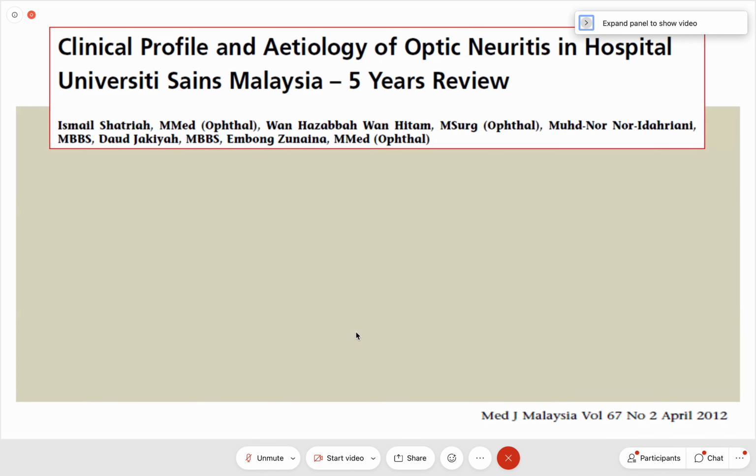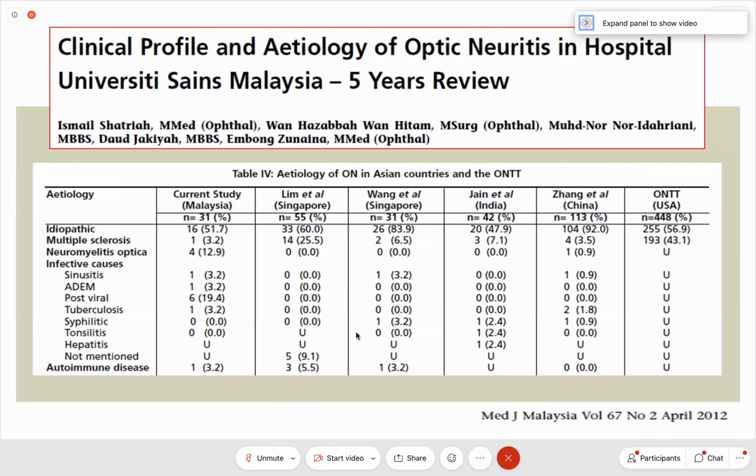So in our study, the clinical profile for ophthalmologists, we encounter very few patients having multiple sclerosis, and in fact, we have more NMO, neuromyelitis optica, compared to multiple sclerosis. And more than 50% of our optic neuritis is actually idiopathic. We can't find the cause actually.